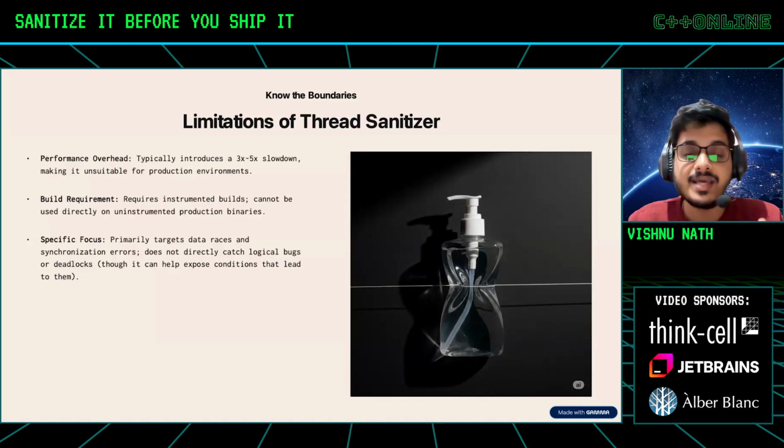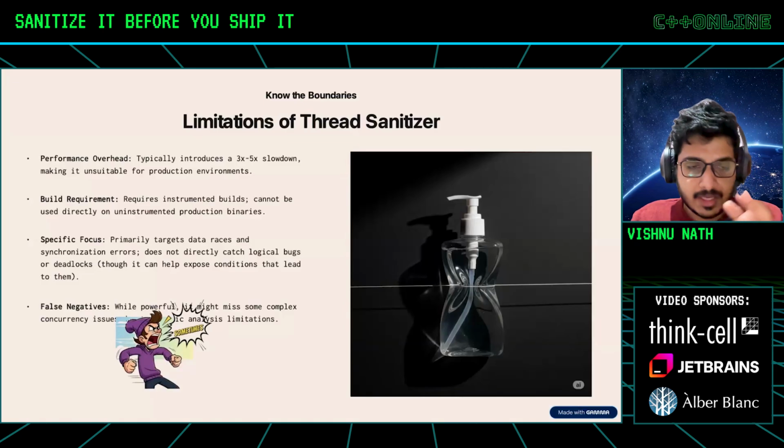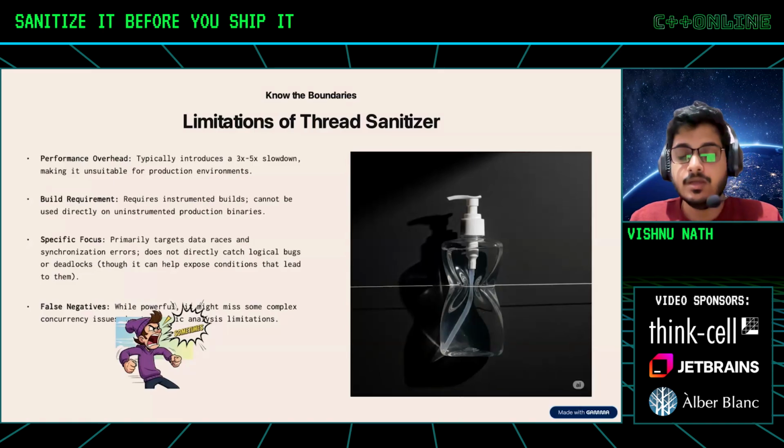It's not really a limitation, but I simply added that because it doesn't have the capability to detect logical bugs or deadlocks. And sometimes it can give false negatives as well. It's powerful, but it sometimes misses complex concurrency issues, maybe because of shadow memory issues or something like that. We don't yet know why it's producing the false negatives, and work is going on to solve that.